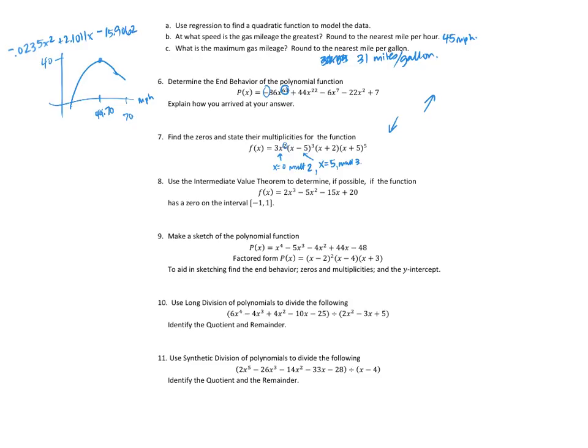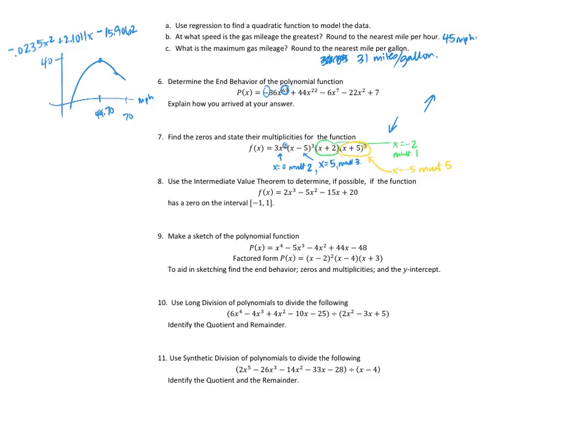And then this one gives me the zero x equals negative 2, and the multiplicity on that is 1. And this one gives me the zero x equals negative 5, and the multiplicity on that is 5. So you're looking at that power to give you the multiplicity.